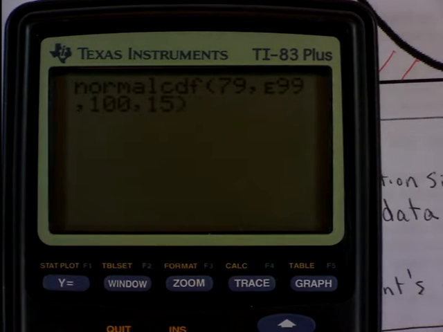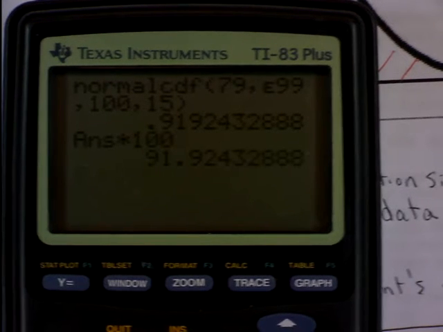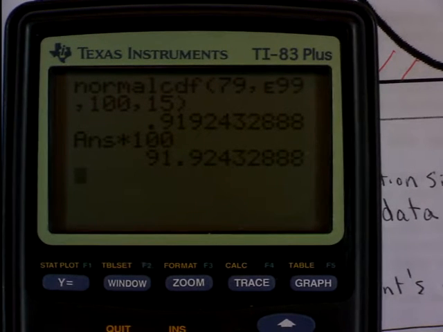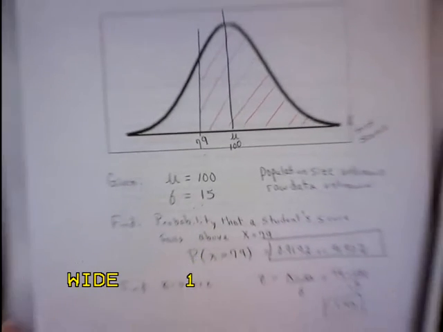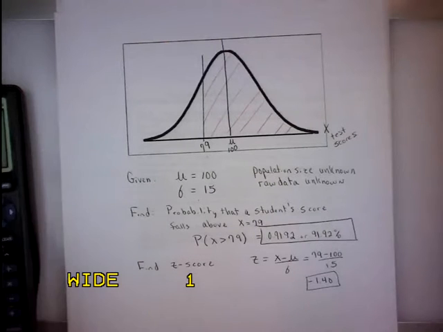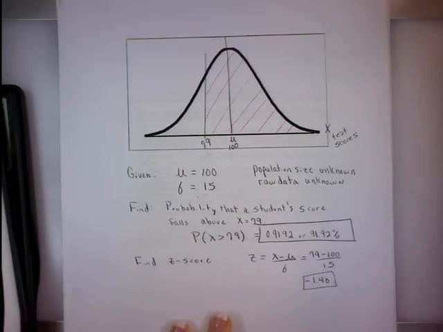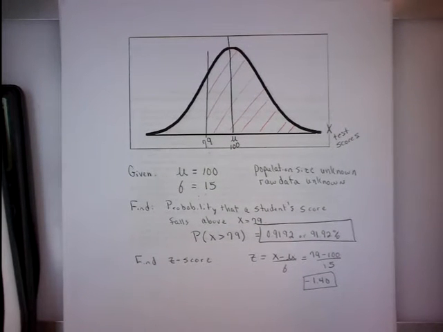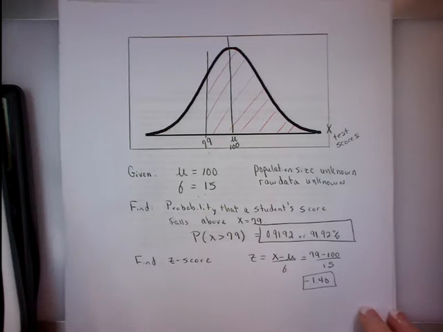If you get those out of order, you will miss the question. 0.9192, or 91.92% is your answer. So there you have it. I know at this point you're probably saying, I love the calculator. Again, the calculator allows you to skip Z altogether.